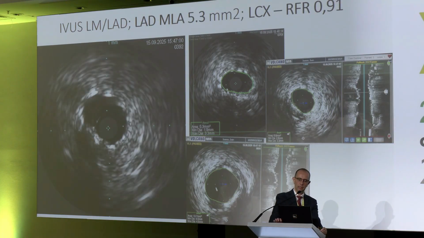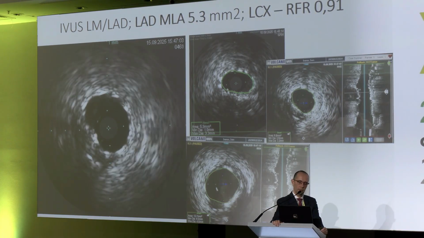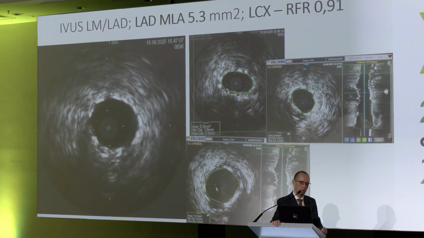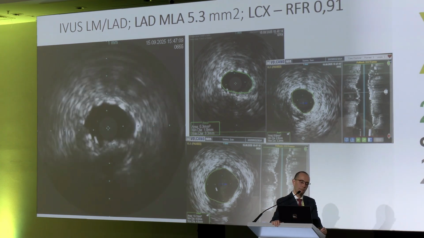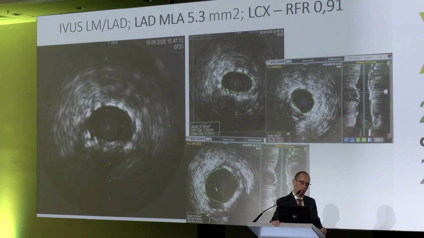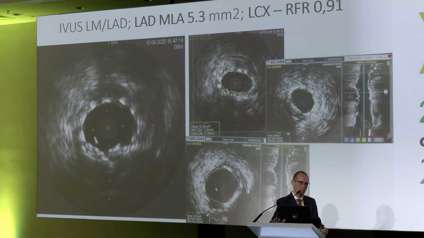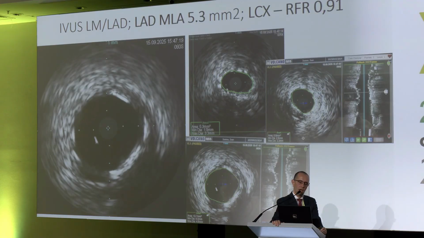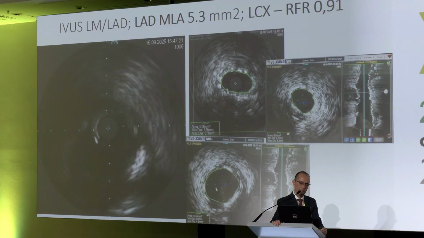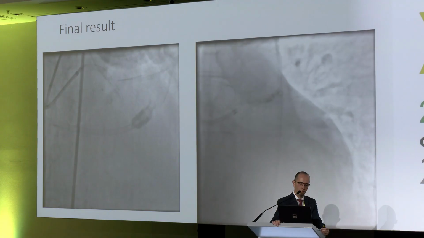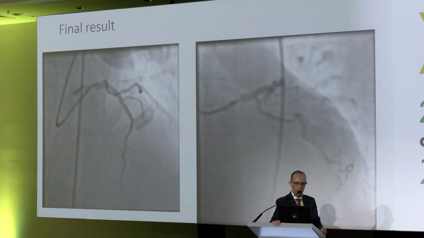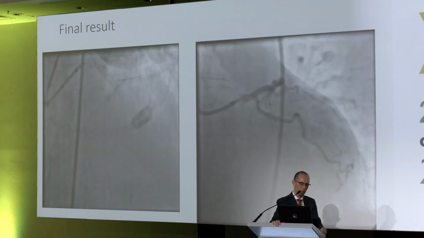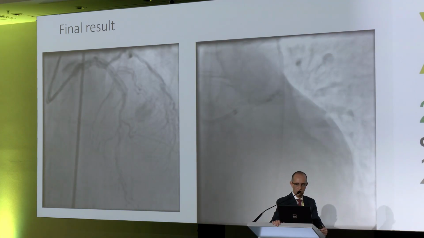The LAD proximal to mid segment is about 6.9, and there is only one place where the elliptical part has an area of 0.3, which you can argue with me about, but I think is an acceptable result in that case. This was the final angio and the final result for that patient, with an FFR of 0.91 in the circ.